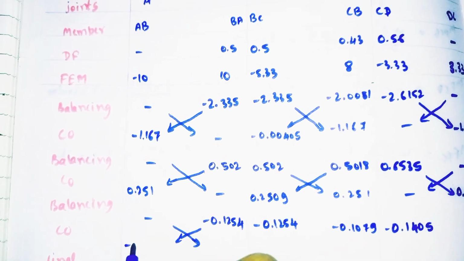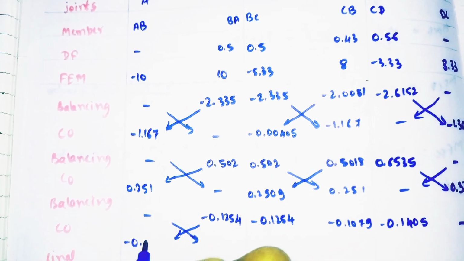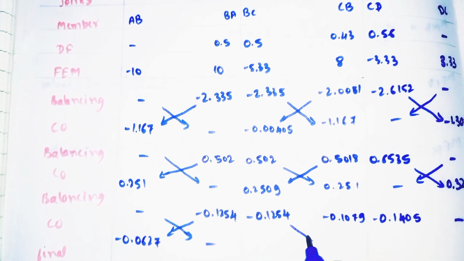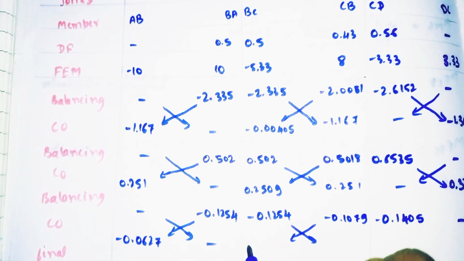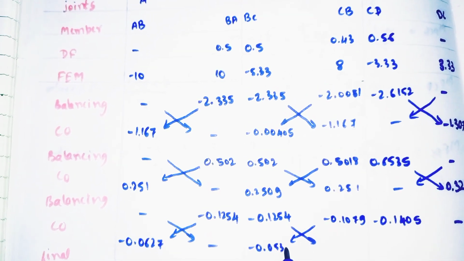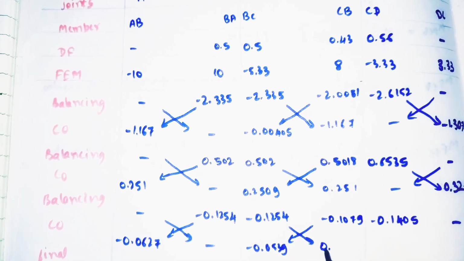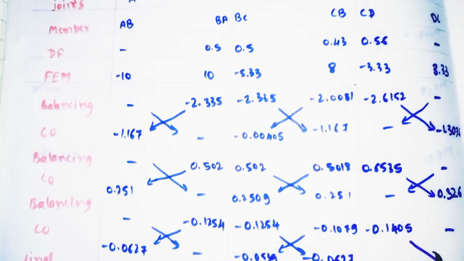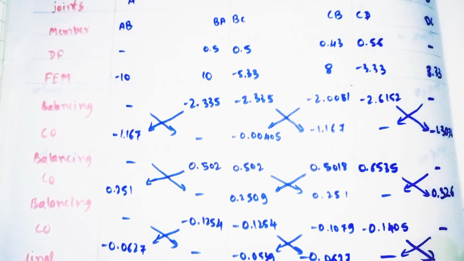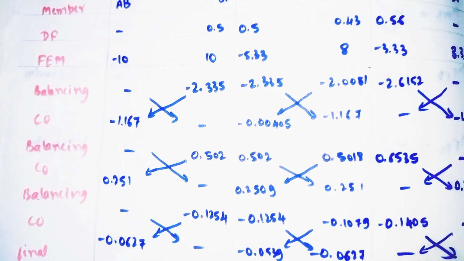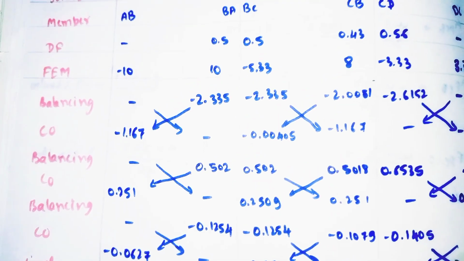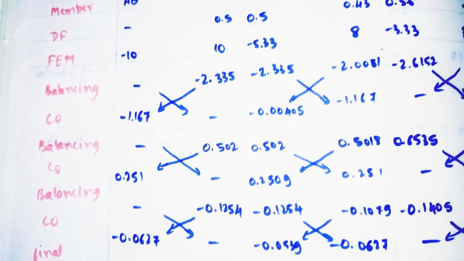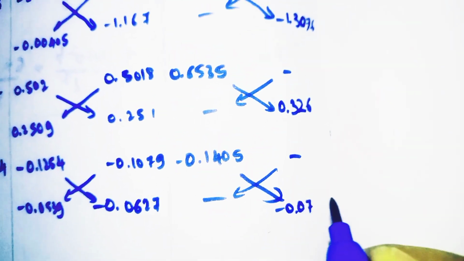It will become minus 0.0627, and here also it becomes minus 0.0539, and it becomes minus 0.0627. It becomes minus 0.07, not, minus 0.0702.